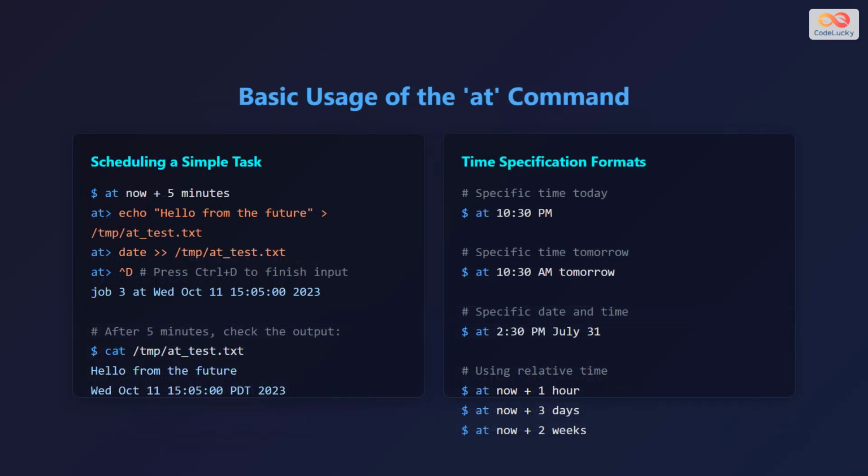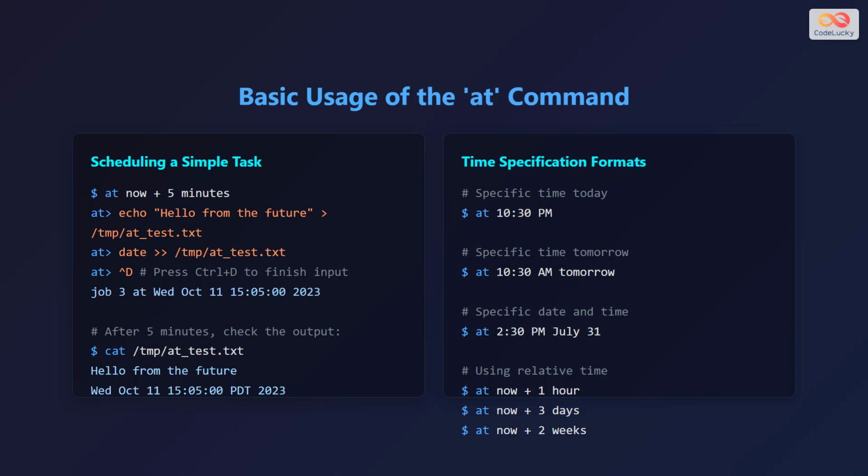Let's explore the basic usage of the at command with a simple task. To schedule a task to run in 5 minutes, type at now plus 5 minutes. After entering the command, you will be prompted to enter the commands to be executed. Type echo "hello from the future" greater than symbol /tmp/at_test.txt.